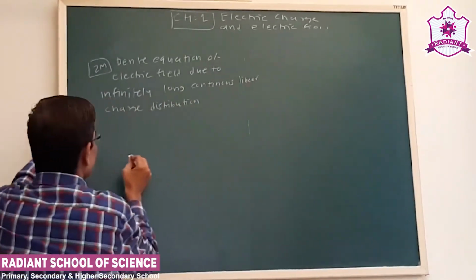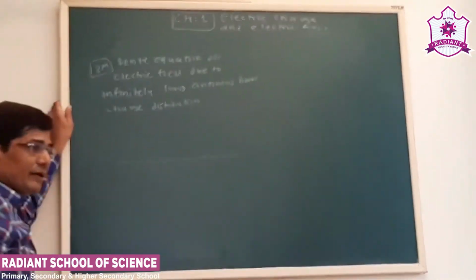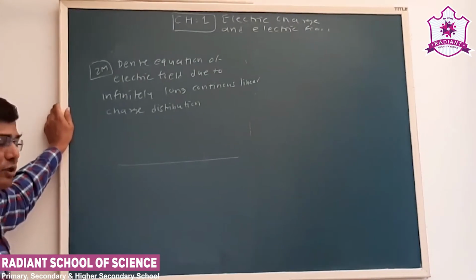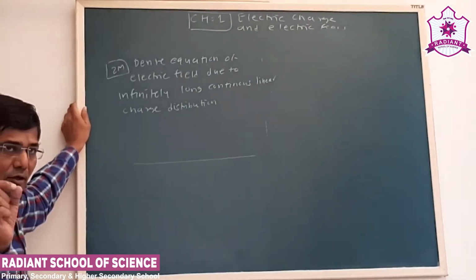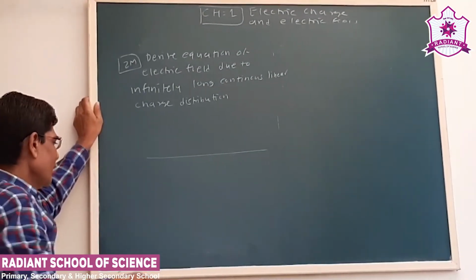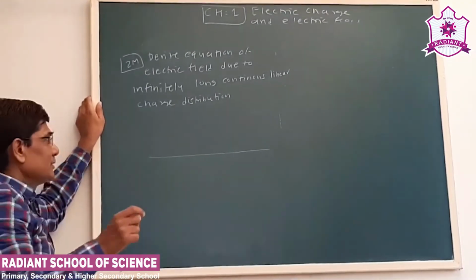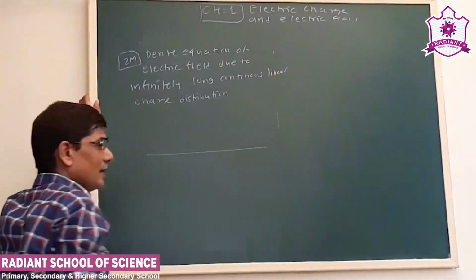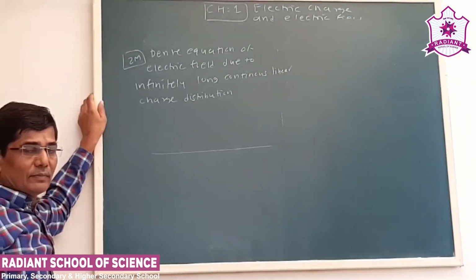Okay, now we consider an infinitely long wire. Here we represent a part of the infinitely long wire. Now see, whenever there is a linear charge distribution, that is given by lambda.